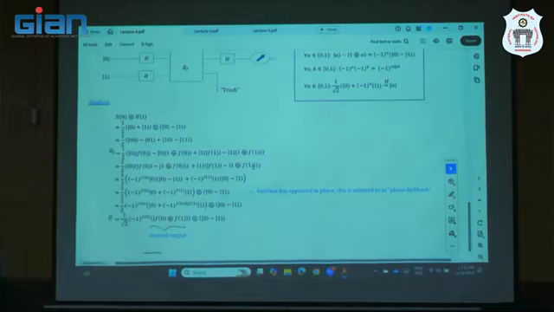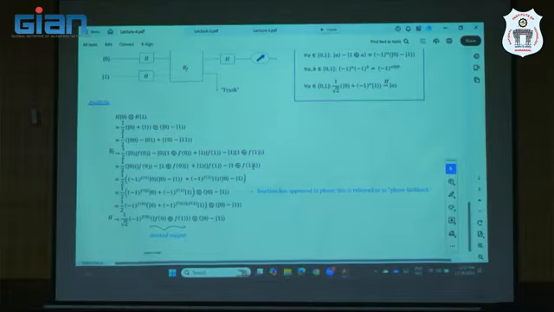Balanced and unbalanced simply means this. If both the bits are 0, then it's a constant function, because the first bit represents f of 0 and the second bit represents f of 1. If both the values are 0, it's a constant function because f of 0 is 0 and f of 1 is also 0.